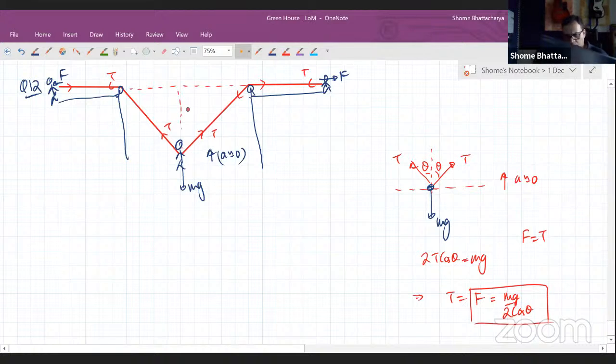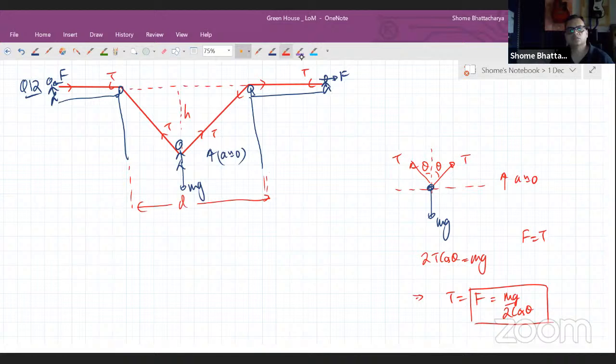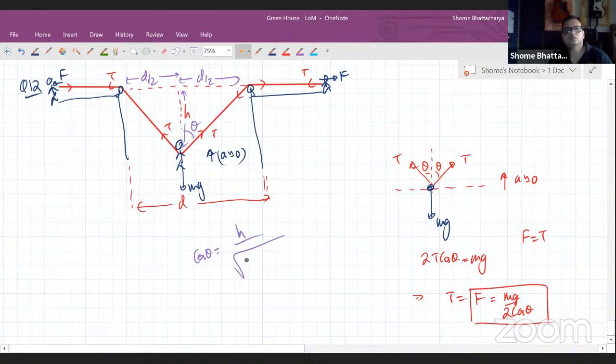This depth is given to us, it's h, and this whole distance from here to here is given to us as d. So in this triangle, this will be d by 2, and this is h. This angle is theta. So we can replace cos theta with base upon hypotenuse. Substitute that here and you will get the force. So that is question number 12.